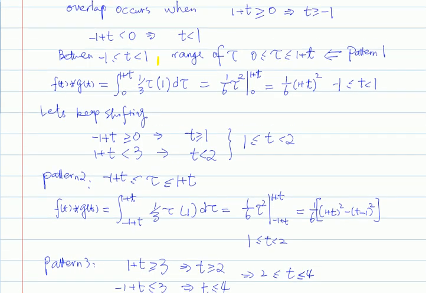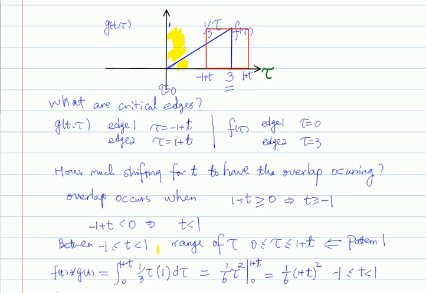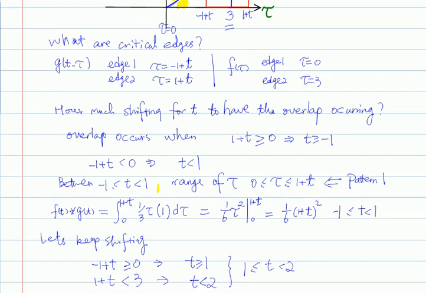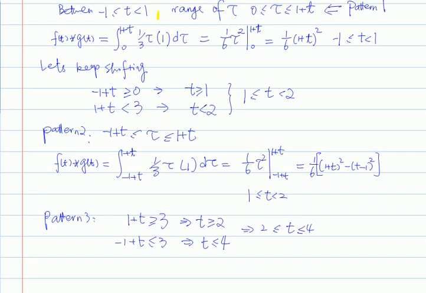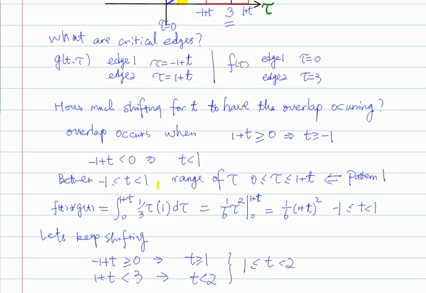And if I do shifting, shift this box by the amount of this range, I can have my box placed in this relationship with respect to the triangular function. So the next question is, where is the region of overlap? The range of overlap. Take a look at the function here.